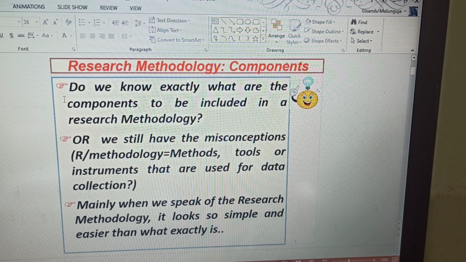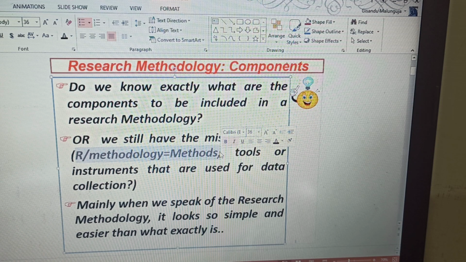Do we know exactly what the main components to be included in a research methodology are? Or do we still have the misconception that a research methodology is equal to research methods, or the research tools or instruments that are used for data collection? I remember in the last sessions, I tried to highlight the difference between the research methodology and the research method.